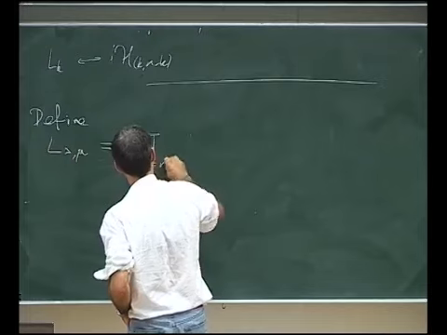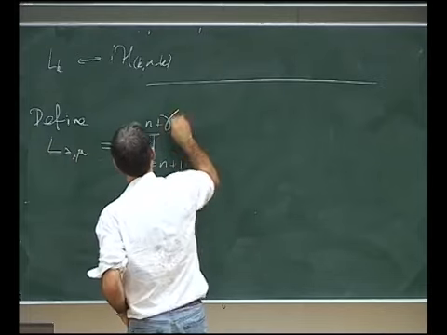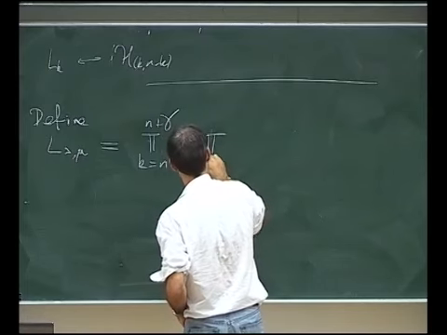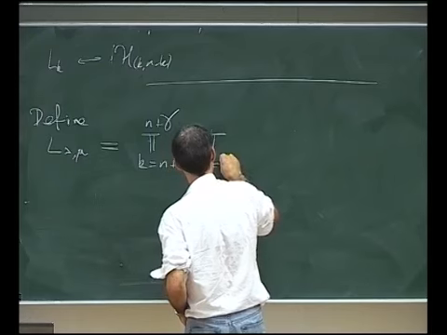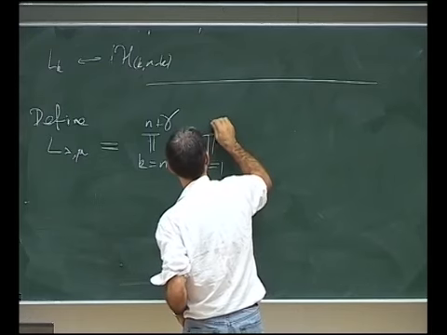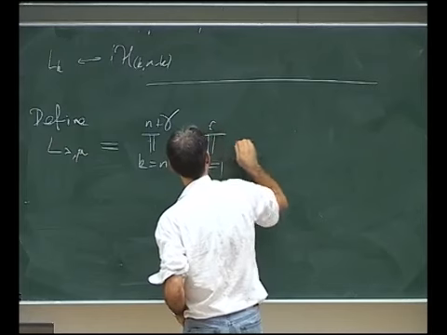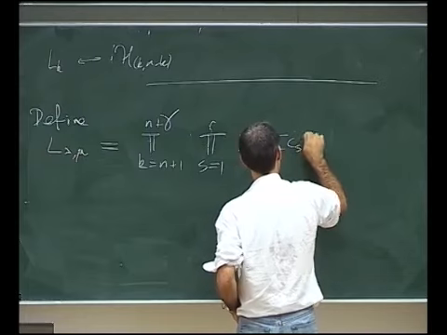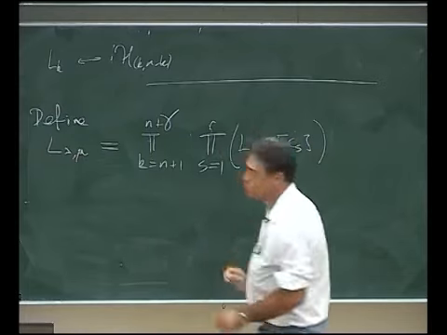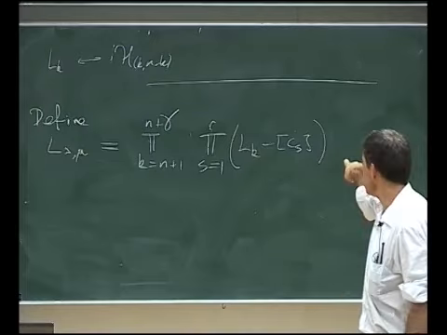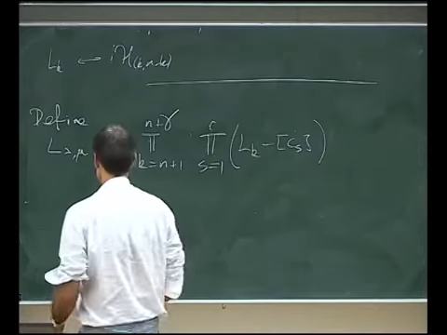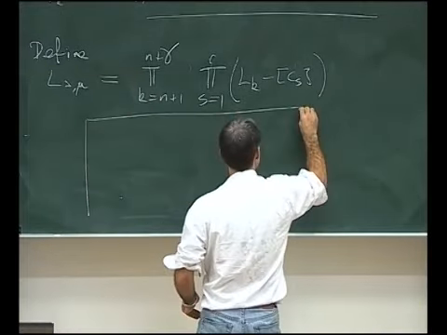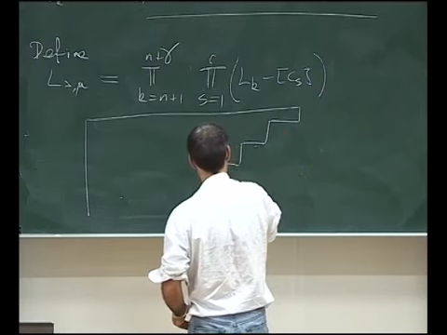I've got these two partitions, lambda and mu, and I want to use this to construct an element, and it's going to be just a product of elements like this.